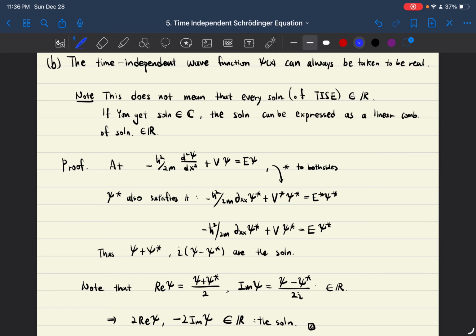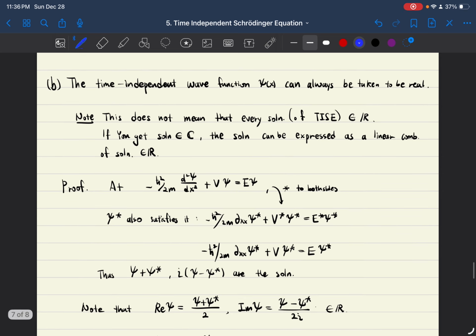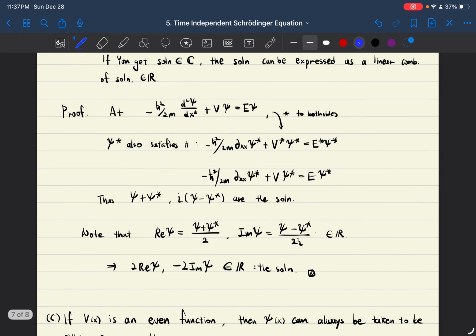If you get a solution in the complex plane, the solution can be expressed as a linear combination of solutions in R. Take this Schrödinger equation; psi conjugate also satisfies it, just by conjugating the whole equation. Thus the sum of psi and psi conjugate, and i times psi minus psi conjugate, are also solutions because they are linear combinations of them.